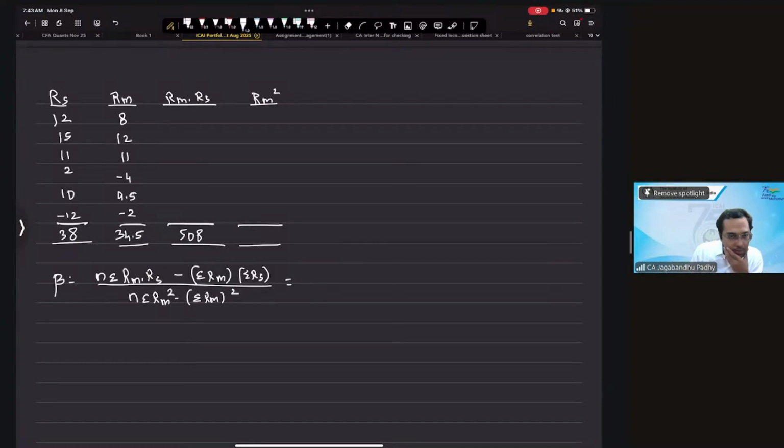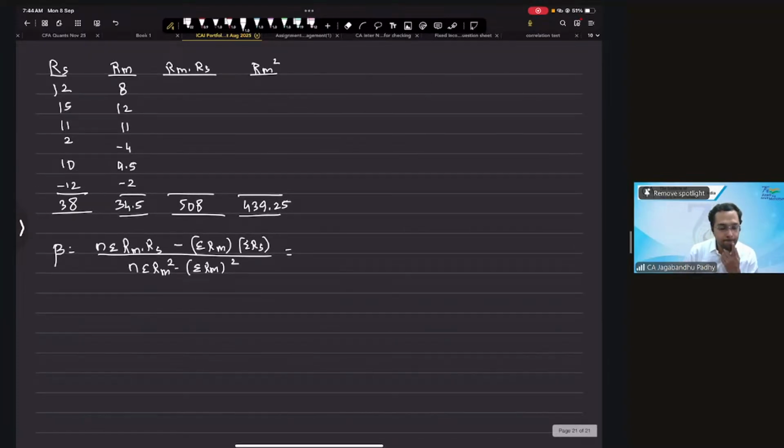This is 508, and then market return square should be 439.25. Are we getting this? Just verify these numbers, guys. Then calculate the beta and let me know the value. 1.20.